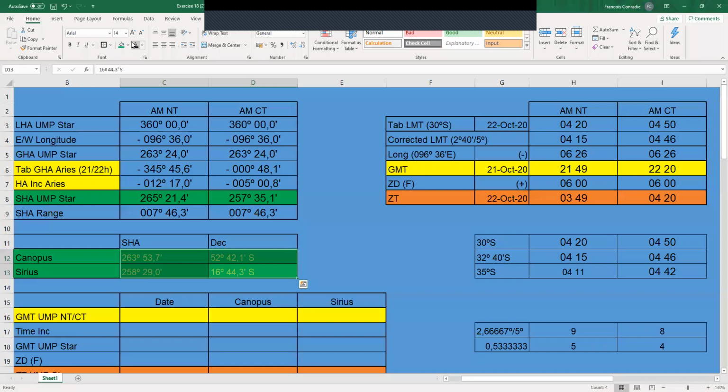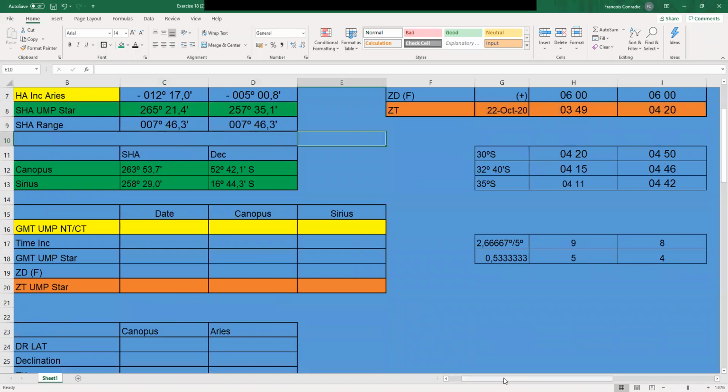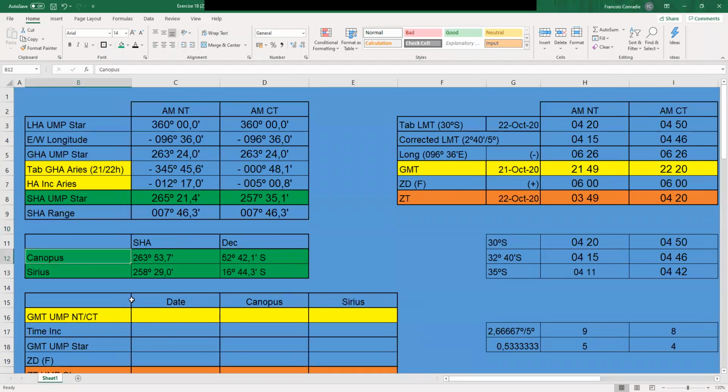All right, let's go back to the Excel sheet. From the almanac, this is basically what we got. Our first star, Canopus, at 263°53.7′ SHA. Again, to come back to your question, it's somewhere between 265 and 257.